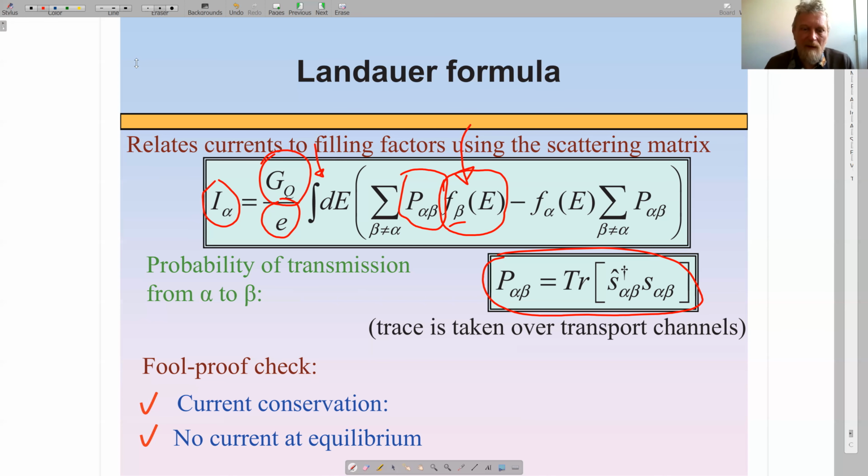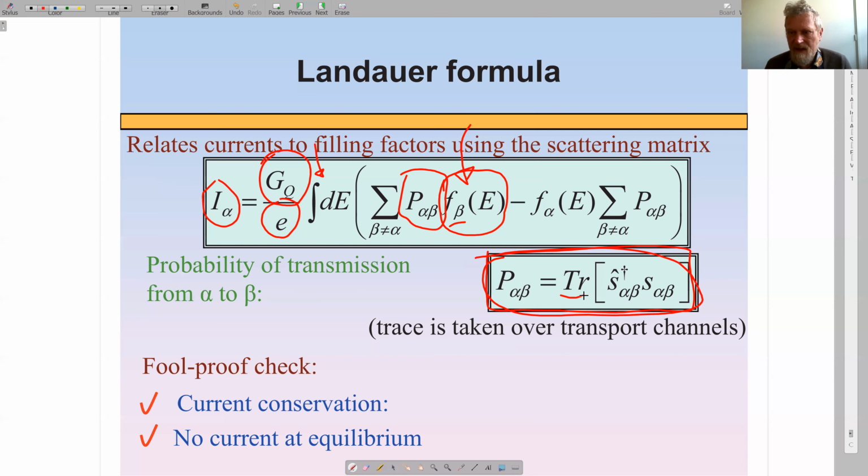Right? Good, it's a probability, and it does not depend on the channel, it doesn't have a channel index, because I just sum up all probabilities to start in any channel to end up in any channel. That's what I wrote with this trace.